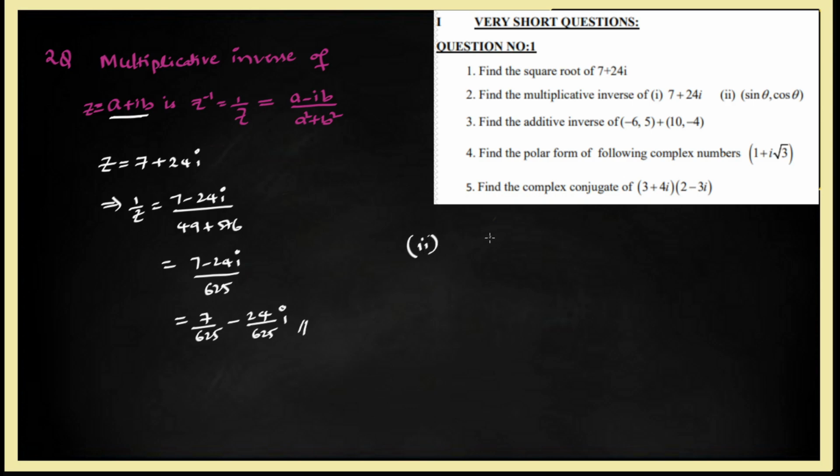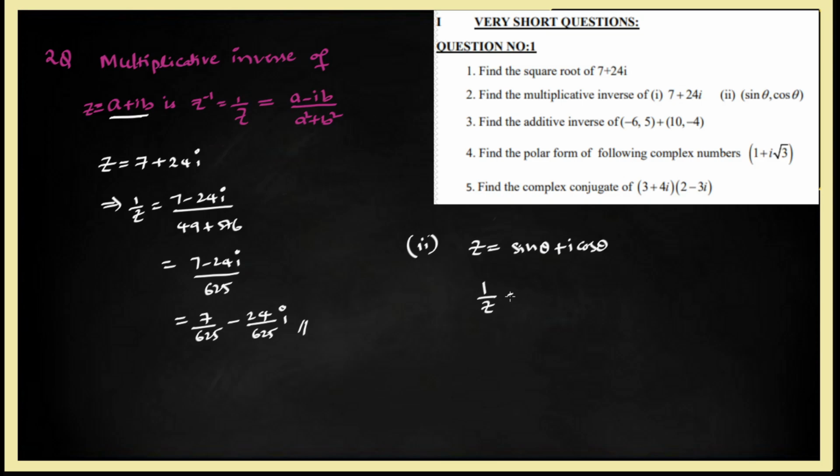So the multiplicative inverse of sine theta. The given number z is cos theta, sorry, sine theta plus cos theta. z is sine theta comma cos theta, we can write sine theta plus i cos theta. So what about its multiplicative inverse?